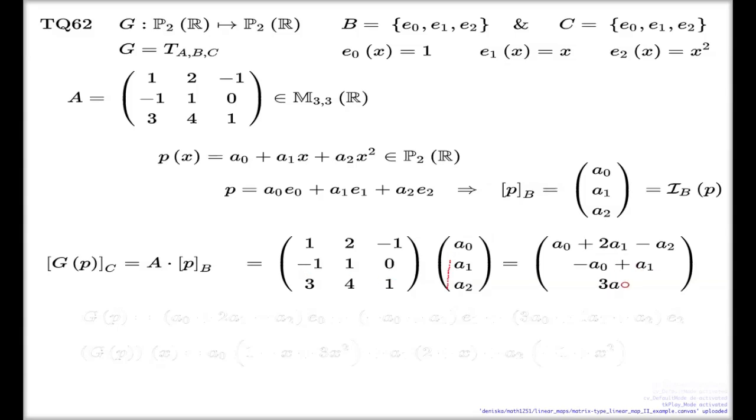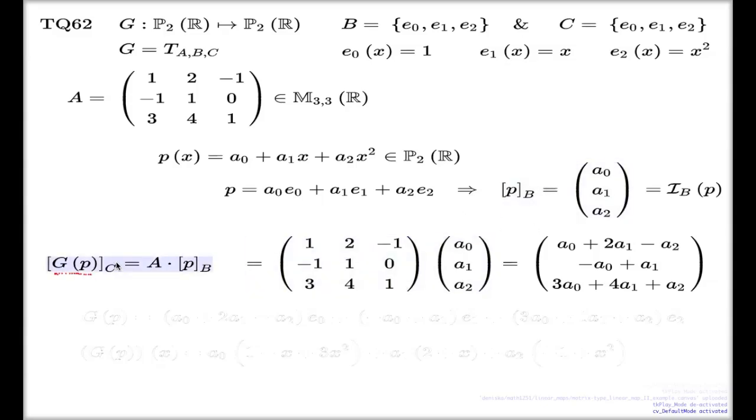The last dot product is the last row with the only column in the second factor, which is 3A0 plus 4A1 plus 1A2. That's the second stage of my type 2 matrix type linear map. And that is the coordinates of my result with respect to the C basis.